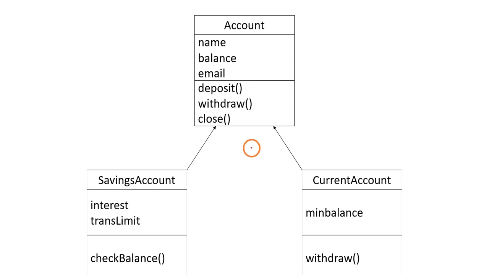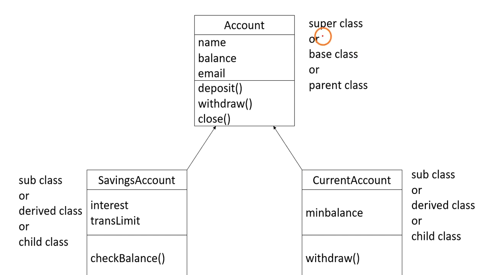Now you might be getting a doubt that the name of this method and this method is the same. We will discuss this point in the coming few slides. Don't worry, just keep it in mind. We have the same method in the account class as well as the current account class, right? Okay, let's move on.